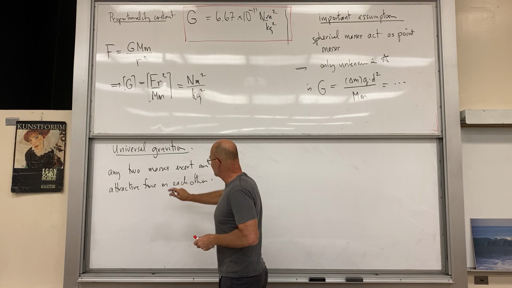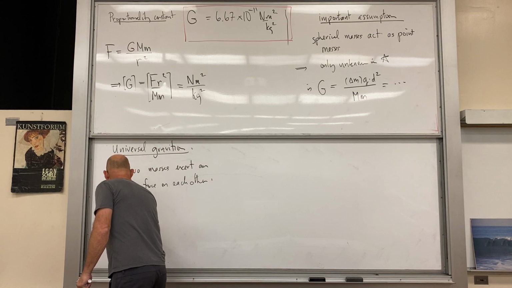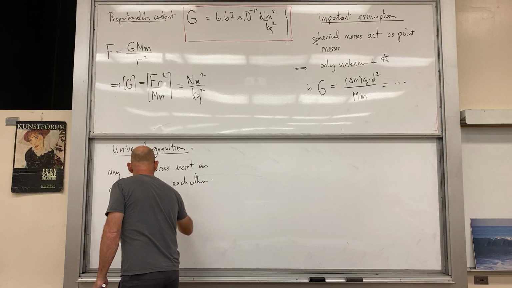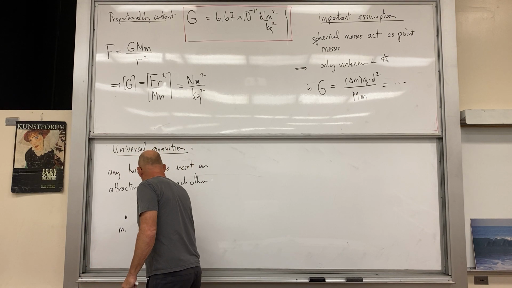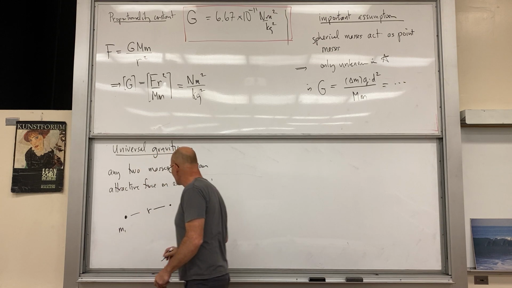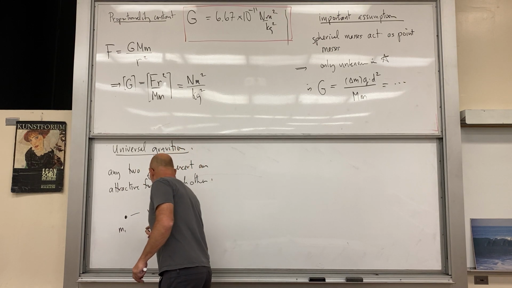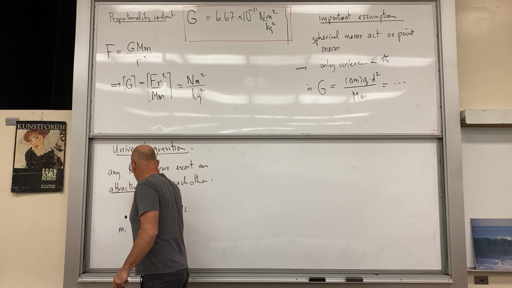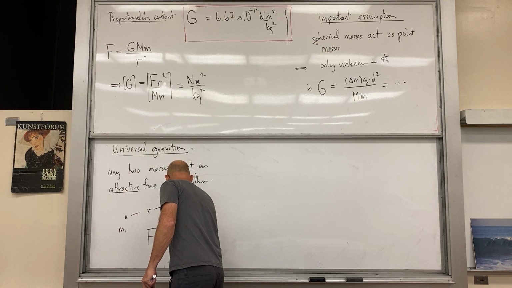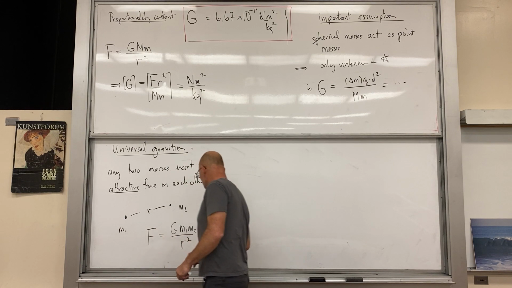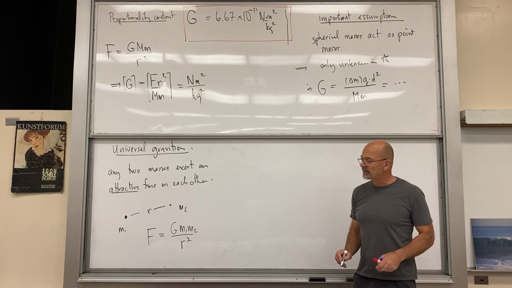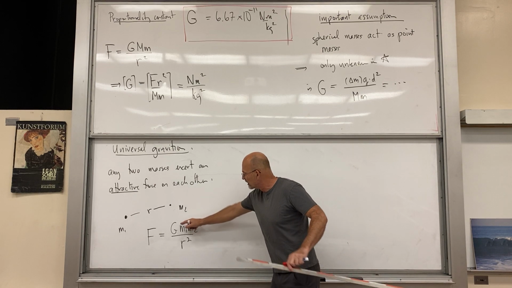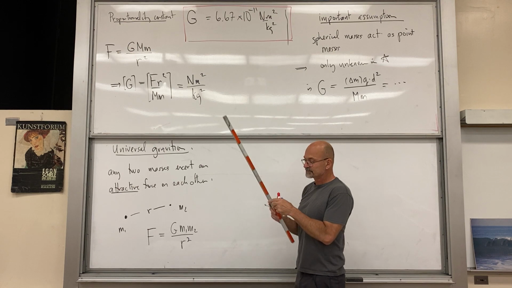So they exert an attractive force on each other, and again, I'm just going to draw M1 and M2 over here. They're separated by some distance, we'll call it R, and that force, like I said, it's attractive and it's equal to G M1 M2 over R squared. That many newtons. This G, of course, is a very small number. It's not a very large force.